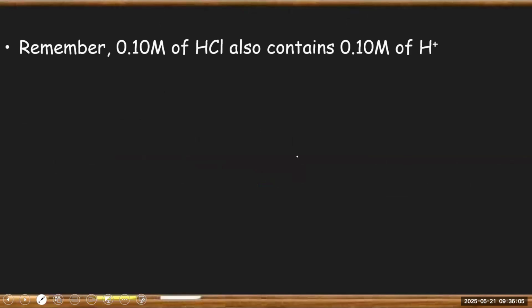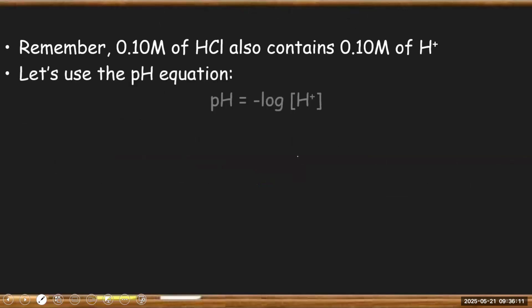So remember, 0.10 molar of HCl also contains 0.10 molar of H plus. So plugging it into the pH calculation, you can directly plug that value in, knowing well that all of that acid will turn into the same exact amount of H plus. You got me? All right.